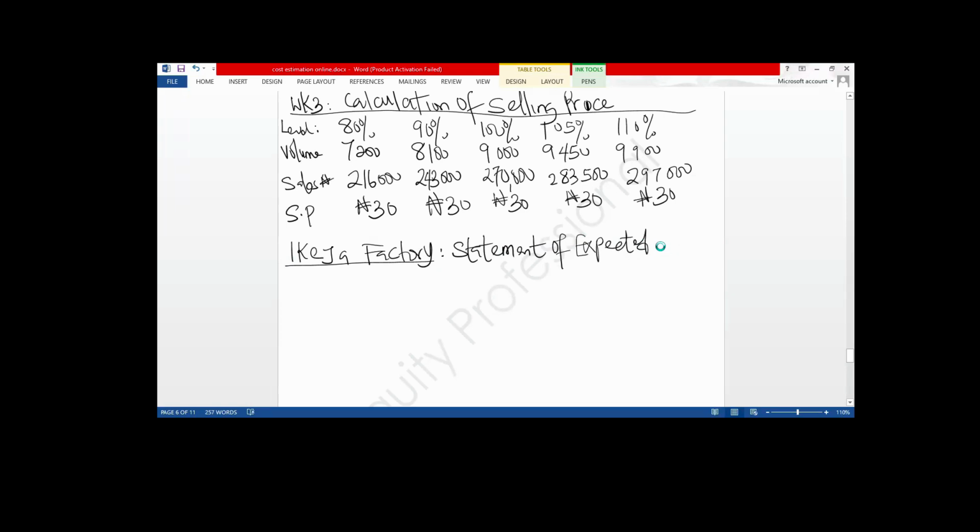In that case, the examiner will tell you what to do. Is that clear, sir? Yes, sir. The examiner must provide the selling price then. If you don't expect the selling price to vary, you know it's a standard company. But if the selling price is varying, that means the examiner must give us guidance on how to treat it.